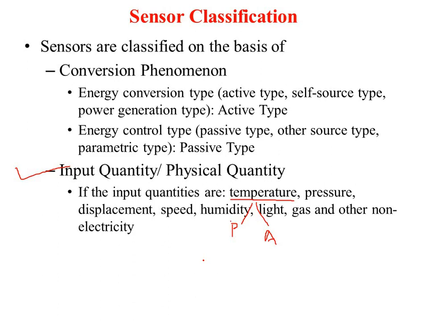So here, on the basis of the input quantity or physical quantity you want to measure, the measurand, whether you are measuring temperature, pressure, displacement, speed, humidity, light, gas, or any non-electrical parameter, that sensor is called an input quantity based sensor.